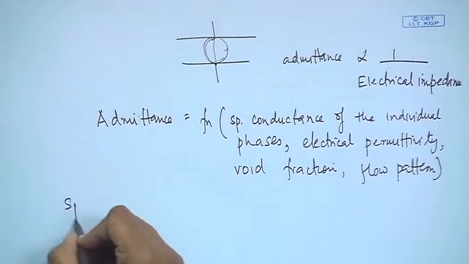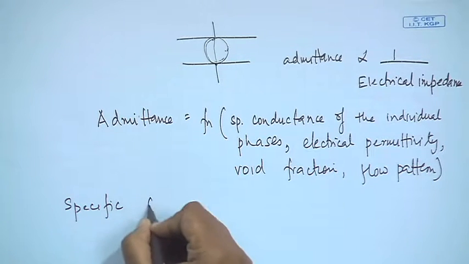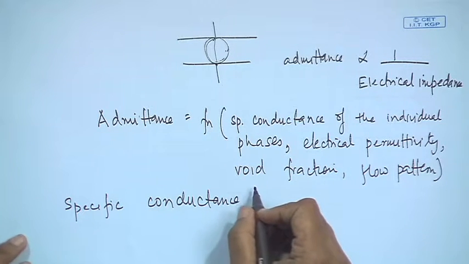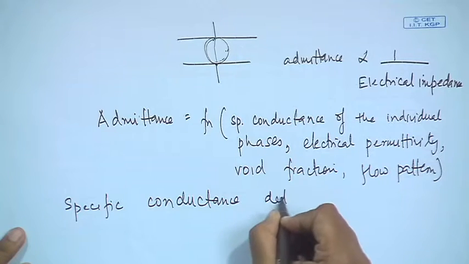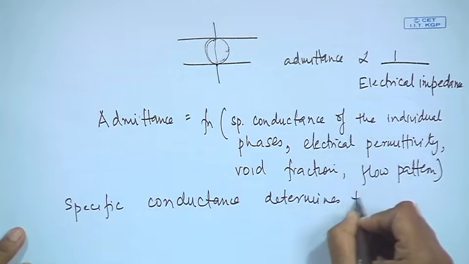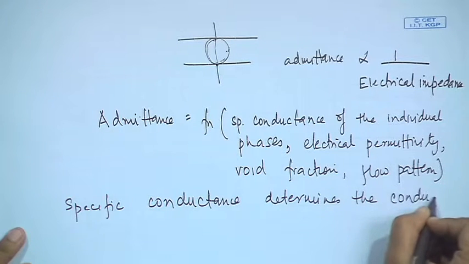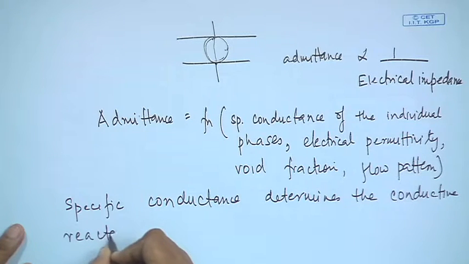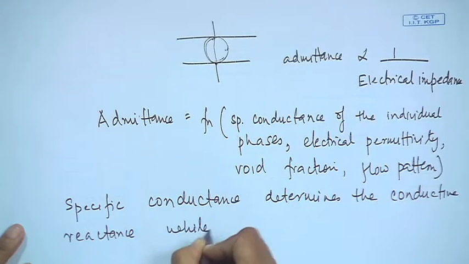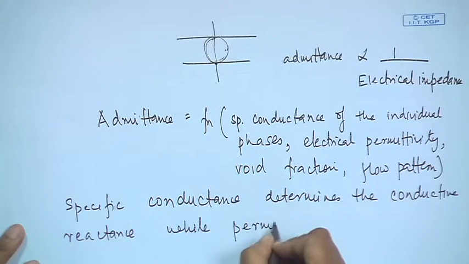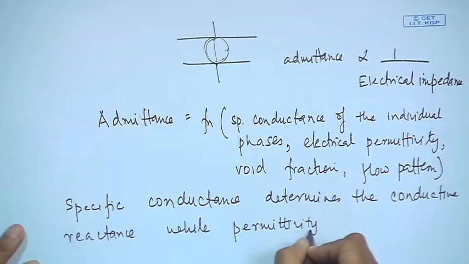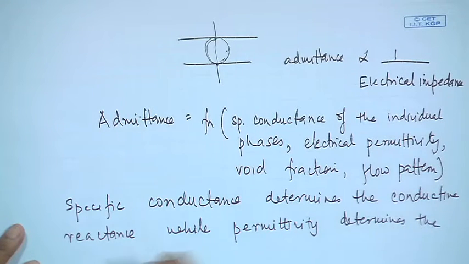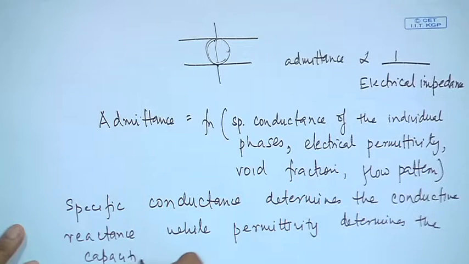This particular specific conductance determines the conductive reactance, while permittivity determines the capacitive reactance.